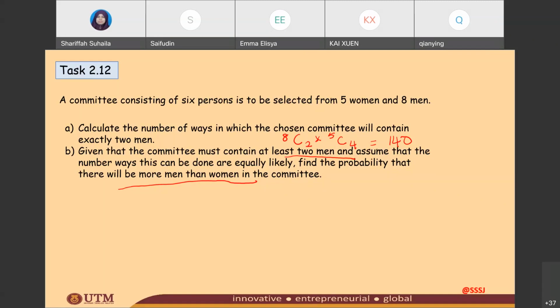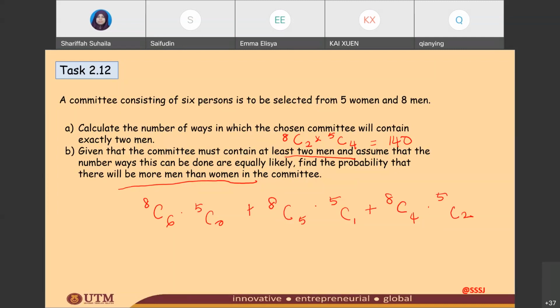So here, either you choose all 6 men, no woman, or you choose 5 men, only 1 woman, or you have 8 choose 4, and then 5 choose 2.